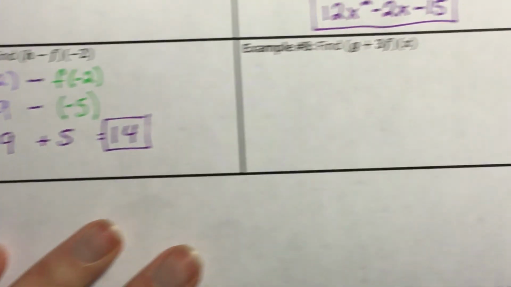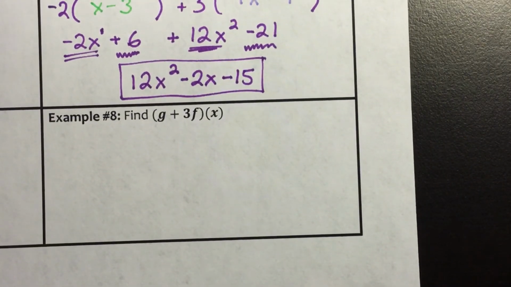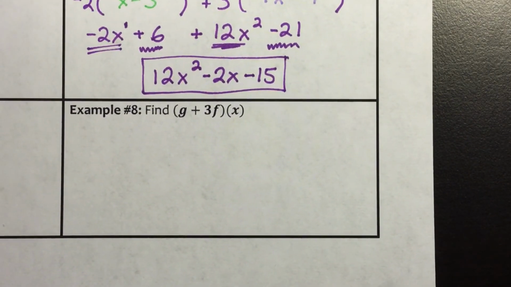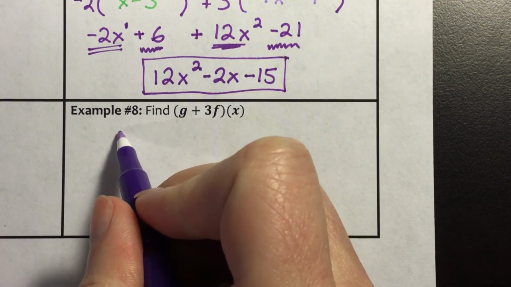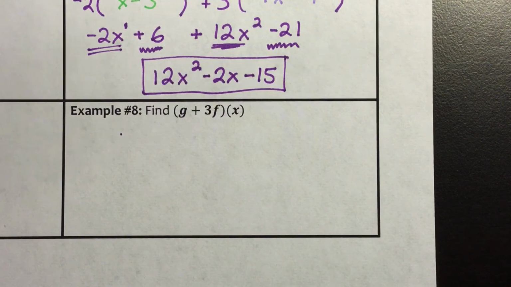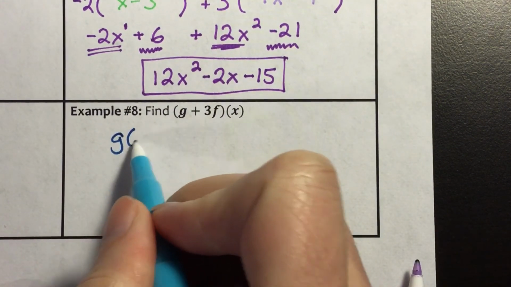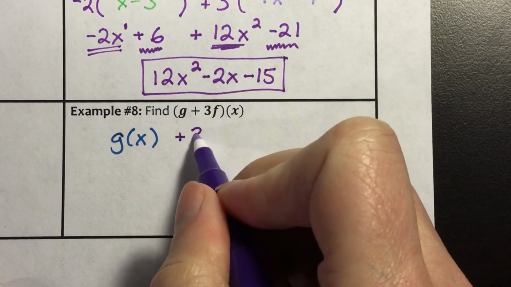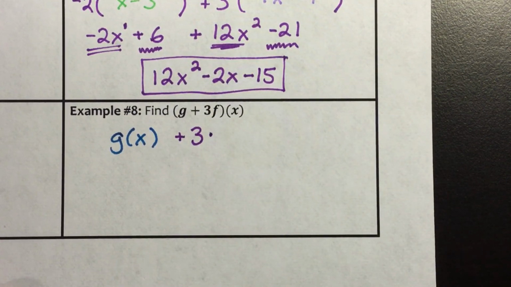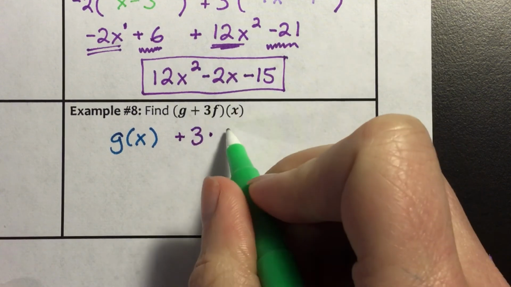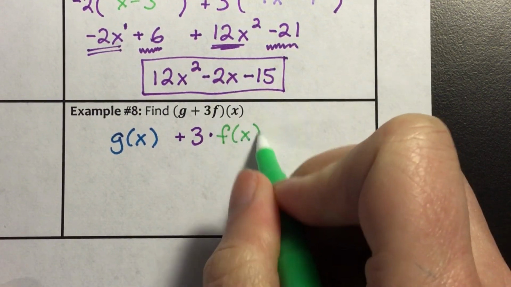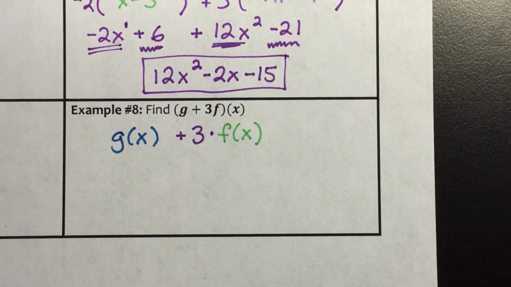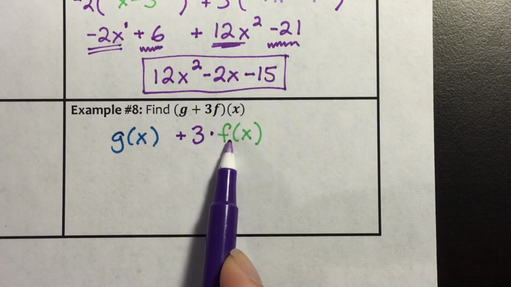All right, last problem here. We have g plus 3f of x. Let's separate it out. So we've got g of x plus 3 times f of x. Okay, the 3 is only multiplied times the f function.